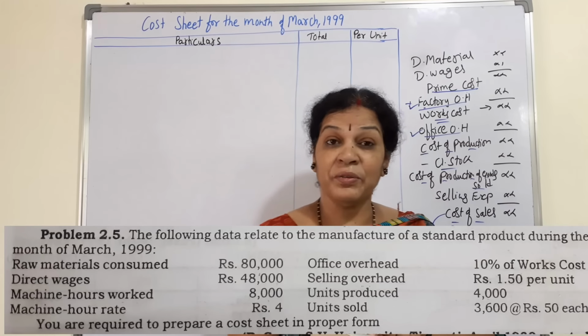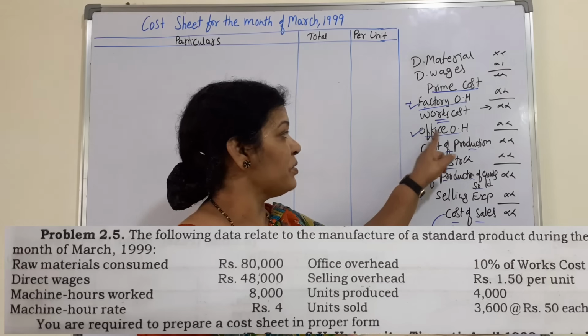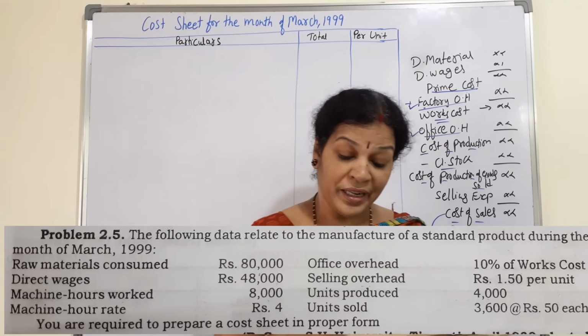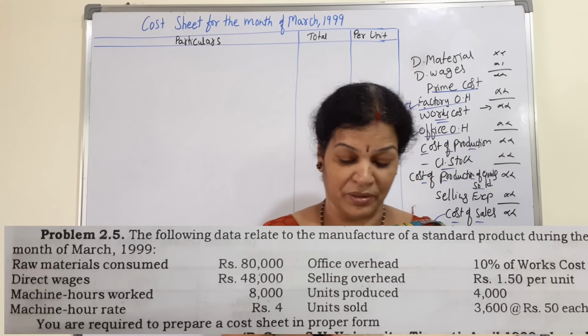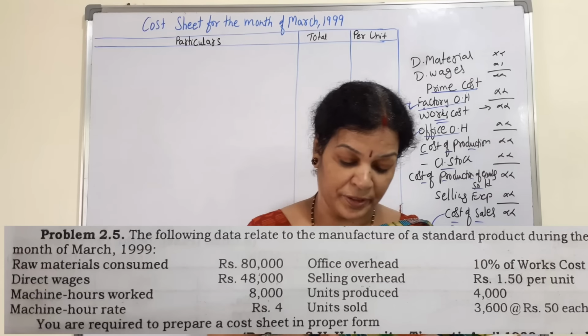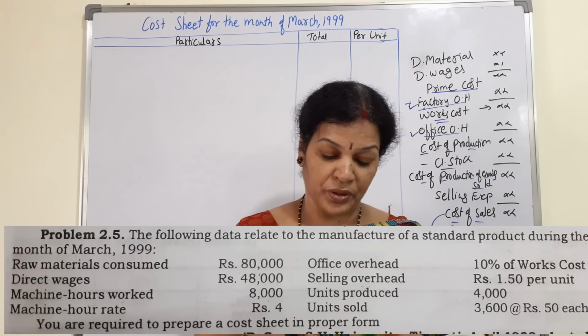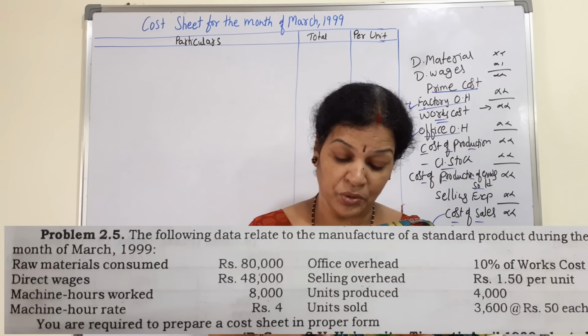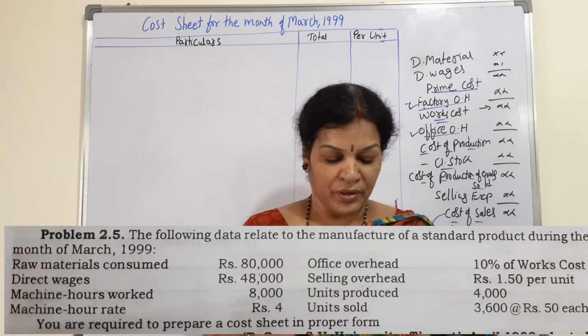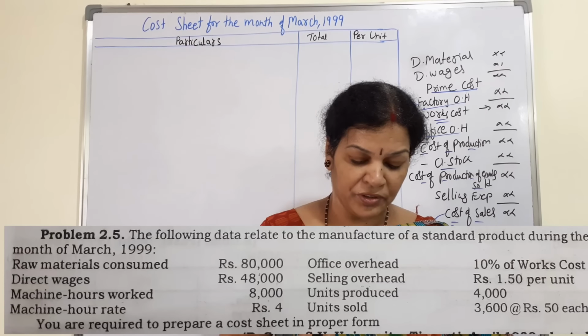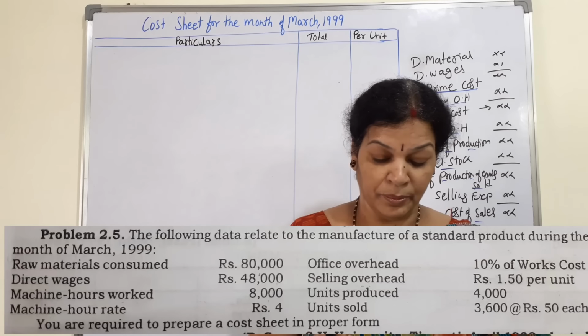After that, office overhead is given as 10% of works cost, okay. Selling overheads are given as 1 rupee 50 paise per unit. Units produced are 4000 and units sold are 3600 at the rate of 50 rupees each. You are required to prepare the cost sheet in proper pro forma.